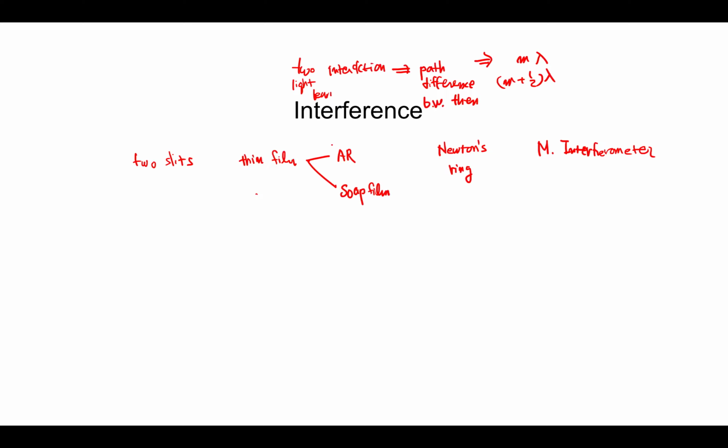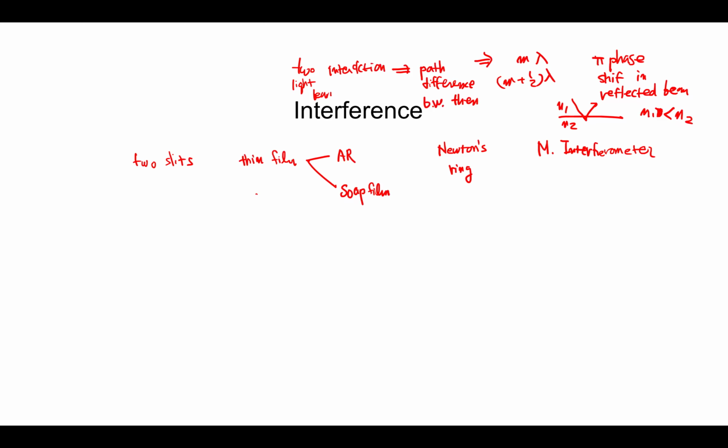And on top of it, you may have to consider the phi phase shift in the reflected beam. N1, N2, N1 is smaller than N2.